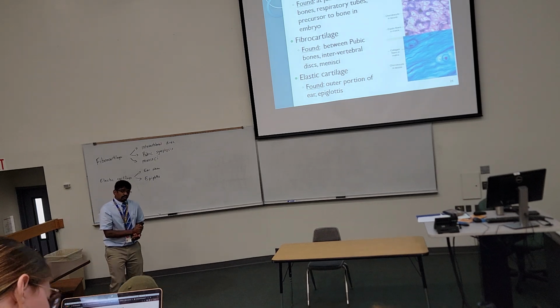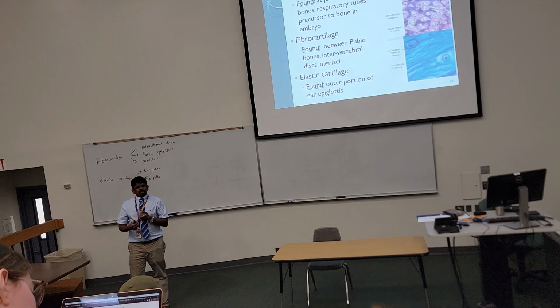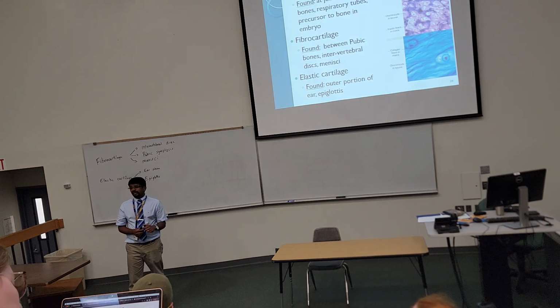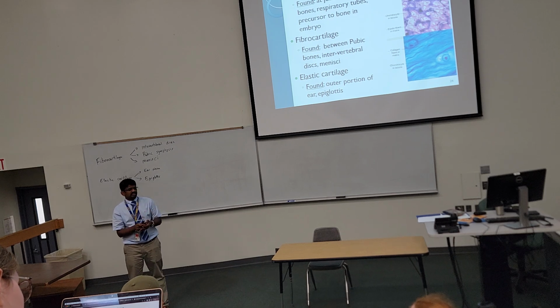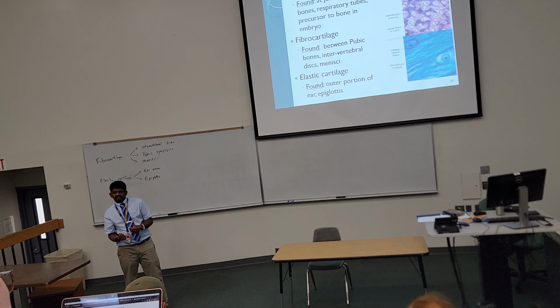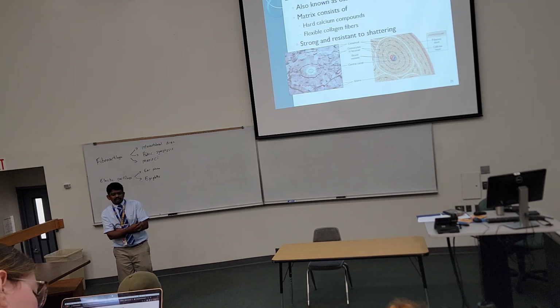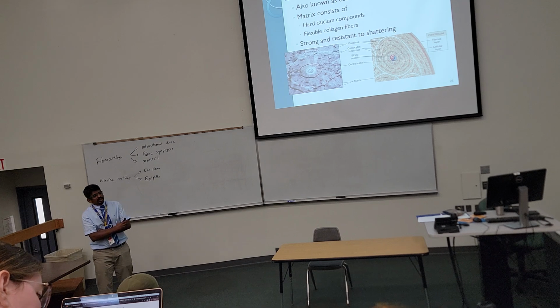In terms of bone, in lab we looked at bone. What did the bone tissue look like? A tree trunk. That's actually a type of bone. We have two types of bone histology: compact and spongy. The one we looked at is compact bone. We'll talk more about this in the bone chapter.